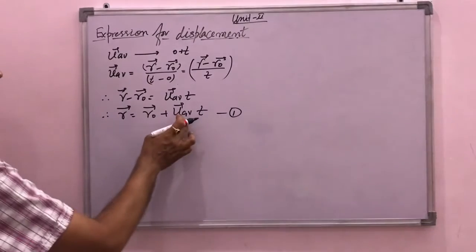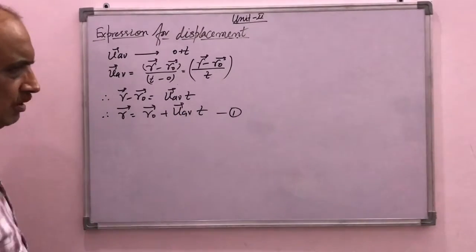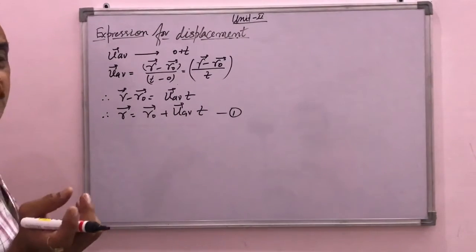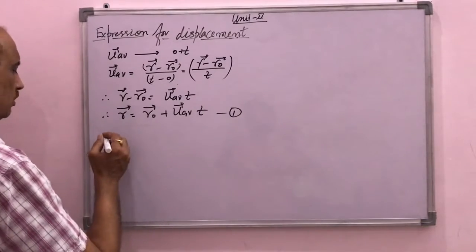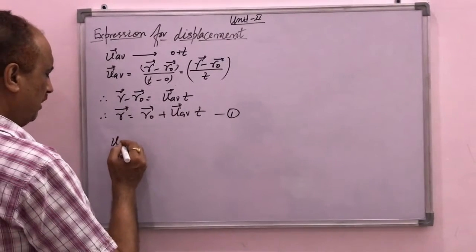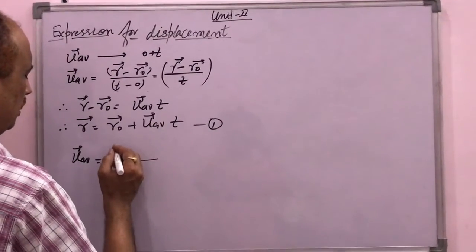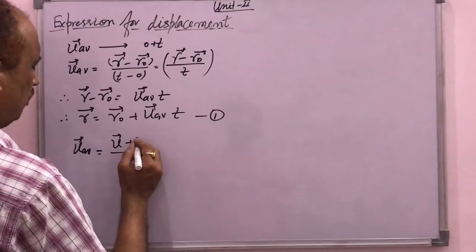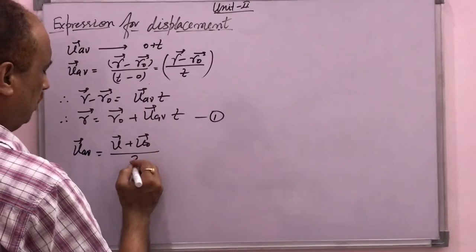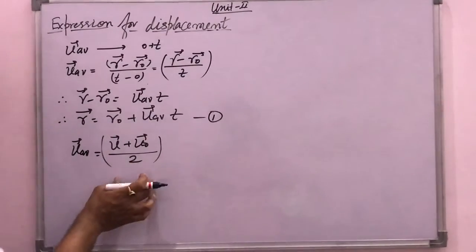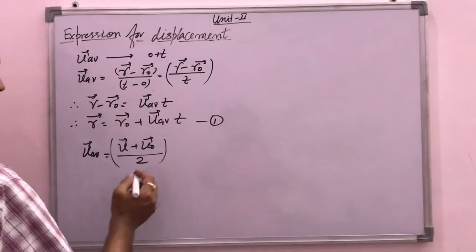Now we have to put the value of the average velocity in terms of the initial and final velocity. We know that the average velocity is always equal to the sum of the initial velocity and final velocity divided by 2. This formula is used in the above relation.